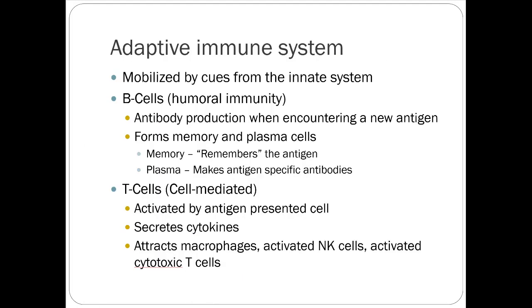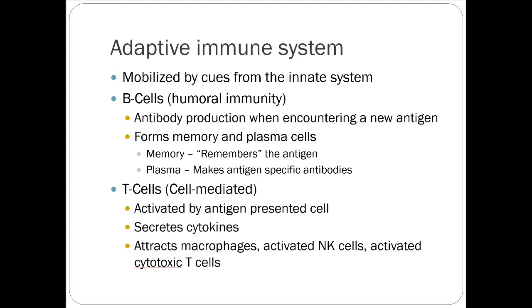Adaptive immunity is mobilized by cues from the innate system. So the innate system is encountering different antigens, and it can mobilize the adaptive immunity. In the adaptive immune system, B cells are what we call humoral immunity, and T cells are cell-mediated. B cells involve antibody production when encountering a new antigen. So you get a memory of sorts, and plasma cells.